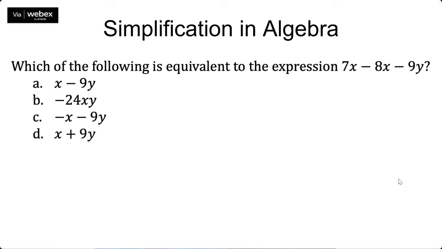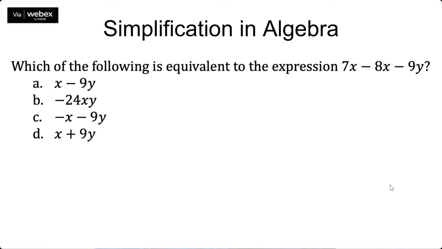7 minus 8. Is that going to be positive or negative? That's the difference between A and C. 7 minus 8 is going to be a negative 1. A does not say a negative 1x. It only has a positive x.